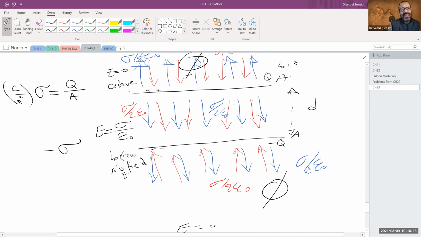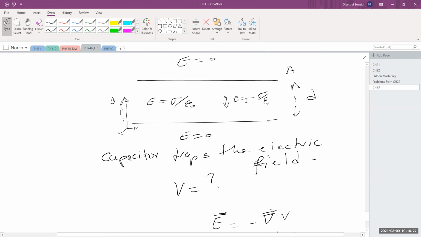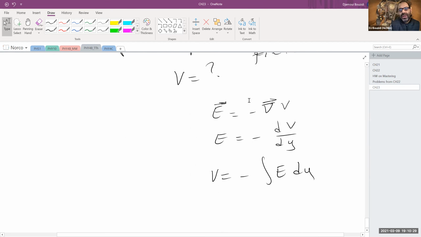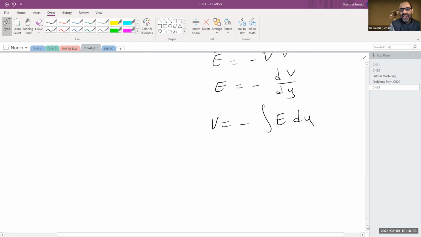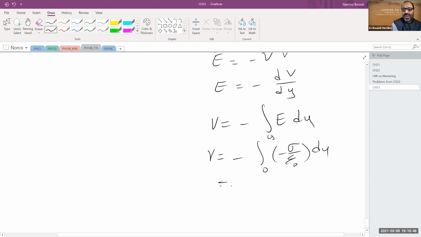You see that the electric field is negative, yes or no? Yes. According to my axis, the way I drew things, it's negative. Since E is negative, all I have to do is find the integral of negative sigma over epsilon naught times dy, from 0 to some y. The negative cancels the negative, and I'm left with sigma over epsilon naught.